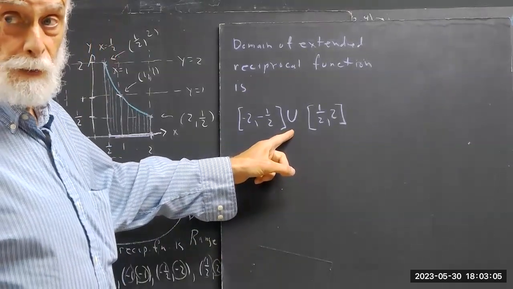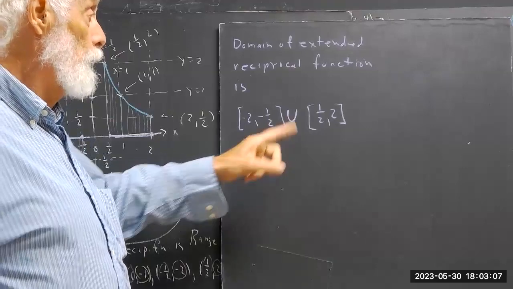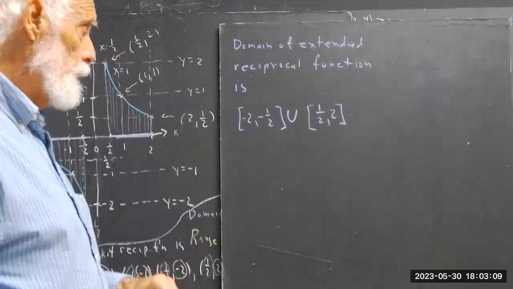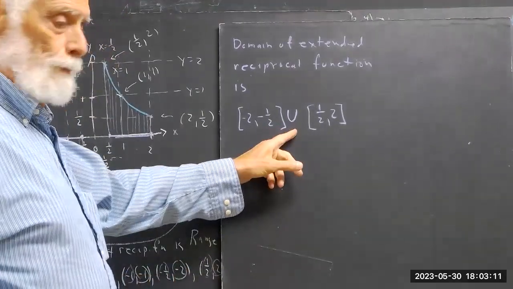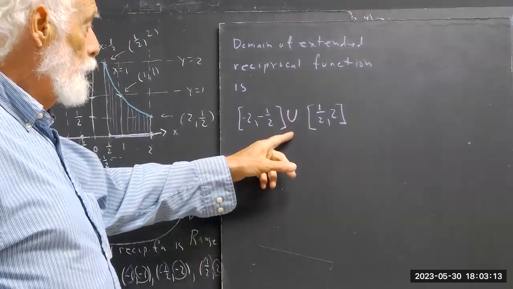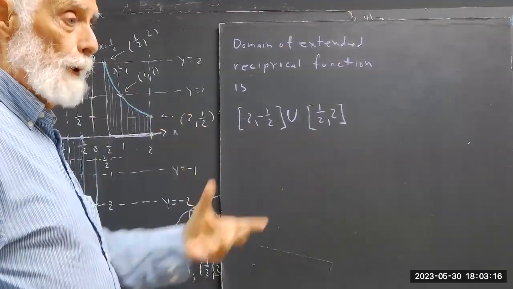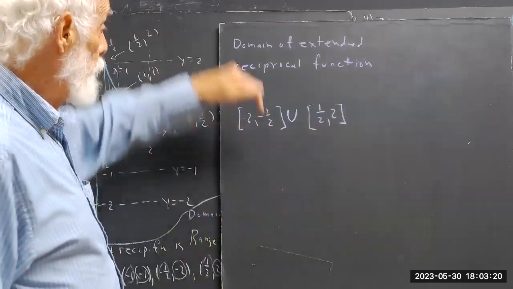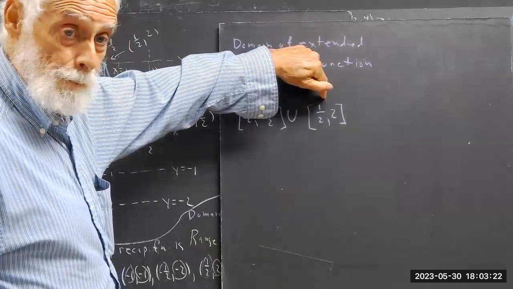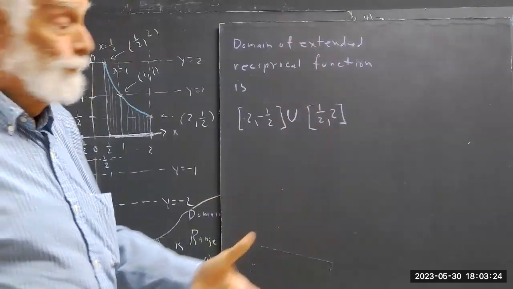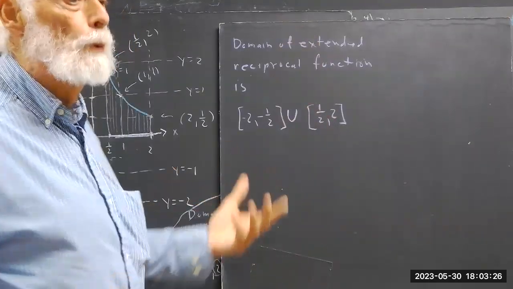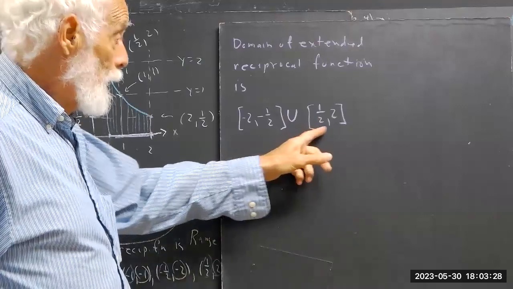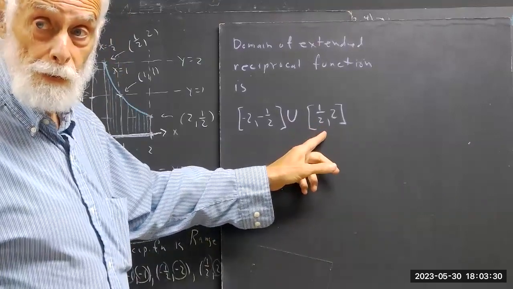Now, this is, again, something that you should know from prerequisite courses, but it's not always the case. This means the union of these two sets. It means that X is in the domain if it's either in here or here, which it can't be in both. So if X is equal to 1.2, well, that's between 1/2 and 2, so it's in this one.